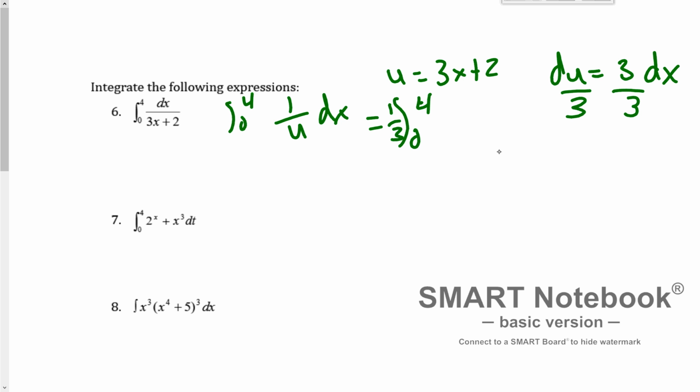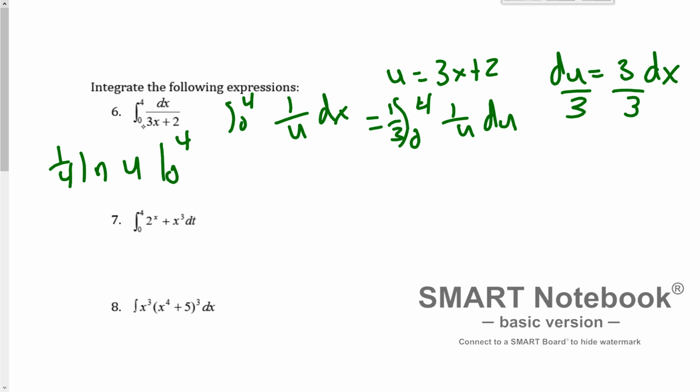And so we get 1 over u du. Okay. And so then we can go ahead and integrate that. So that'd be the ln of u. And then from 0 to 4, times that by 1/3.